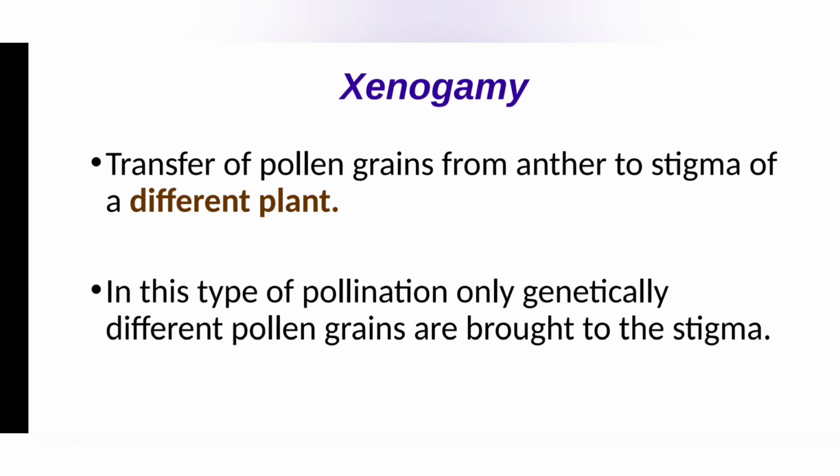In this type of pollination, only genetically different pollen grains are brought to the stigma. Yes, because as the pollen grains come from a different plant, they are genetically different from the stigma of the plant. So it produces genetic variations.